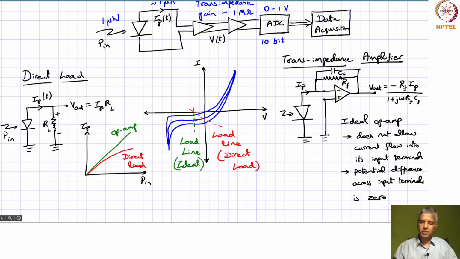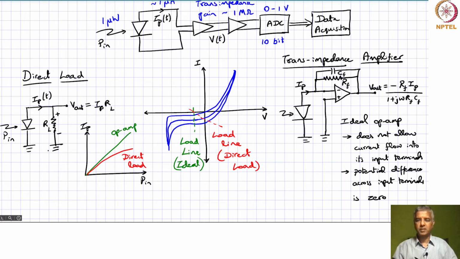We didn't talk about it explicitly, but even if you go back to this, you would basically say that this photodiode has certain capacitance. So that capacitance in parallel with this RL also provides you a sort of bandwidth constraint as far as the response is concerned.